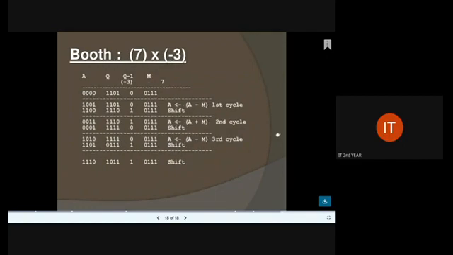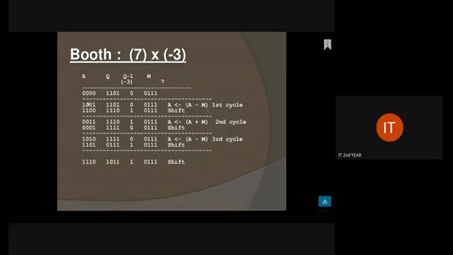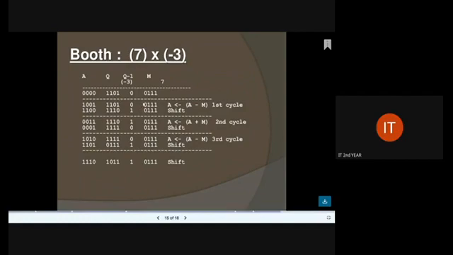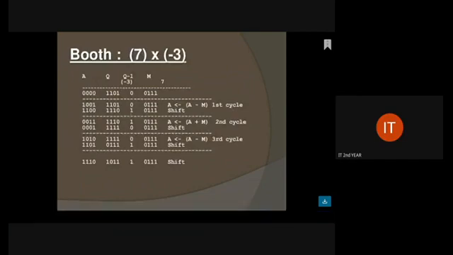The count doesn't end, so we are just moving on to the next cycle. Here 0 1 is coming, so A tends to A minus M. After shifting, we are getting the value of A tends to A plus M because 1 0 is coming. Likewise, this process will go on until we get the count value as 0.